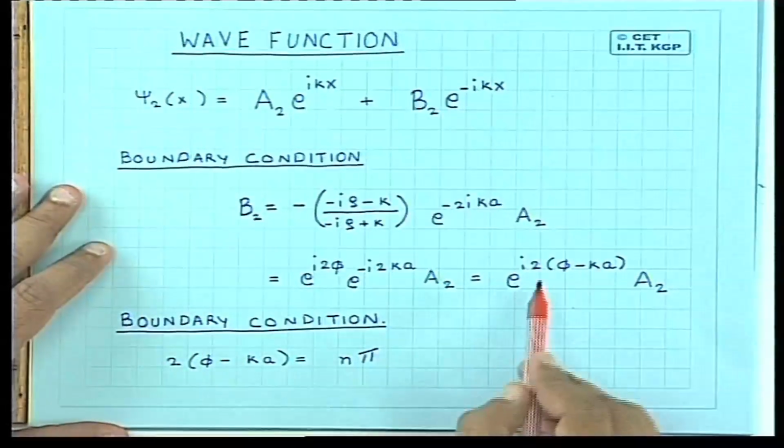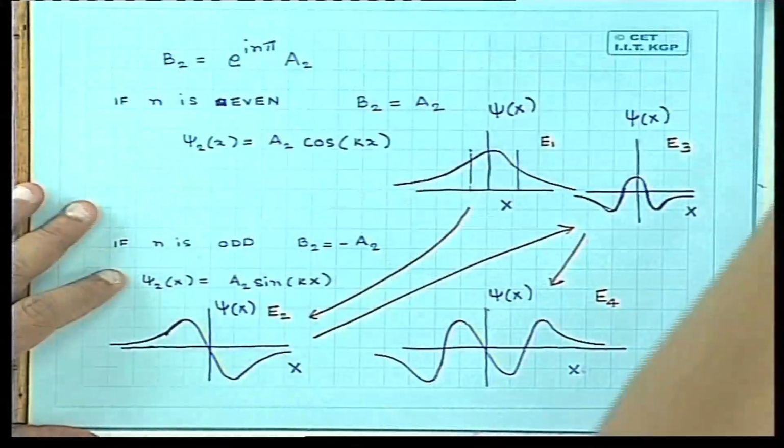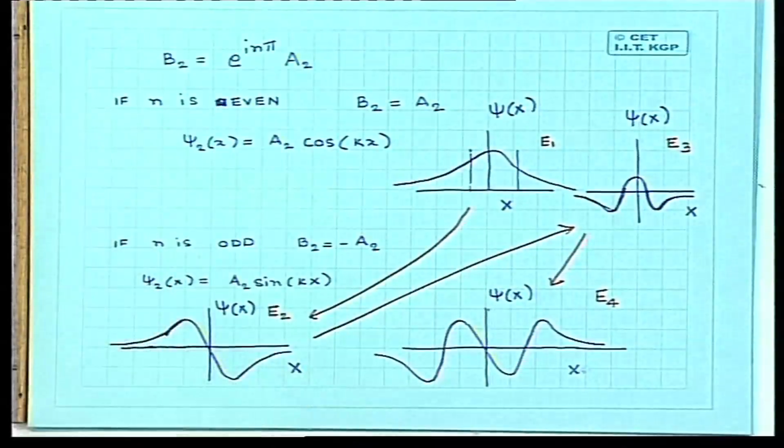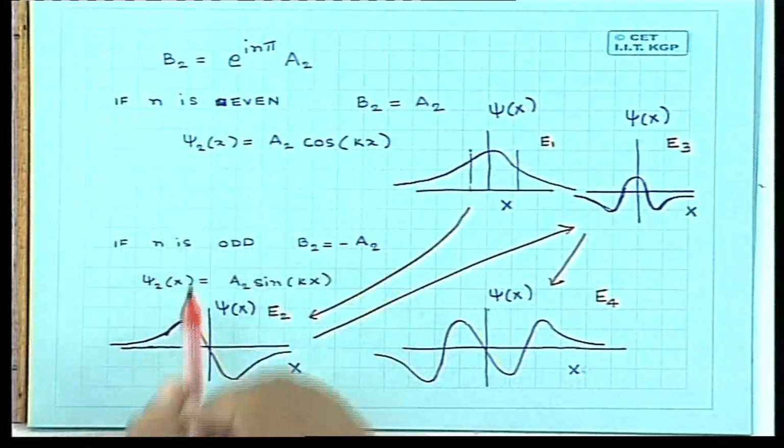Putting this into this relation here gives us that B2 is equal to e to the power i n pi into A2, and n could be either even or odd. So we can separately consider the cases where n is even or n is odd.